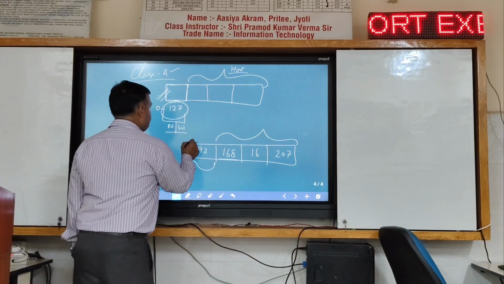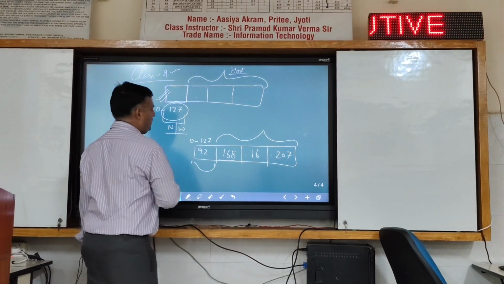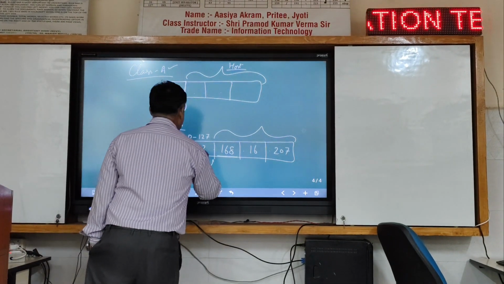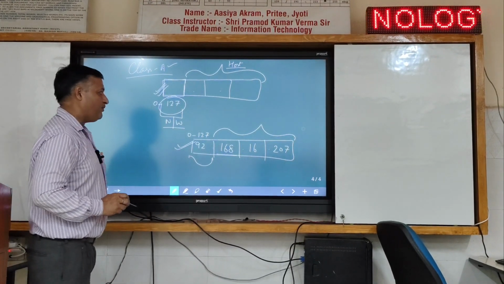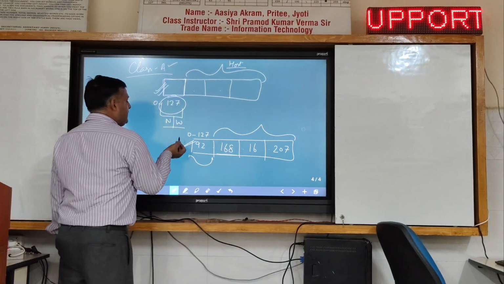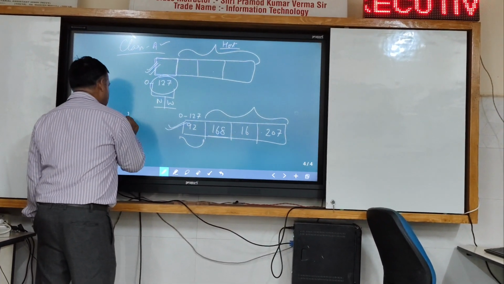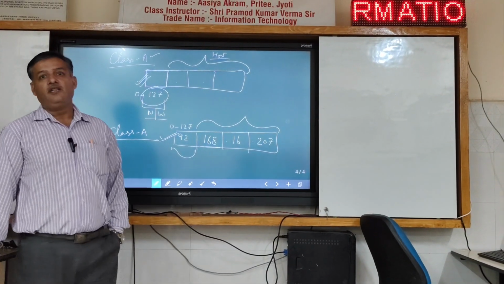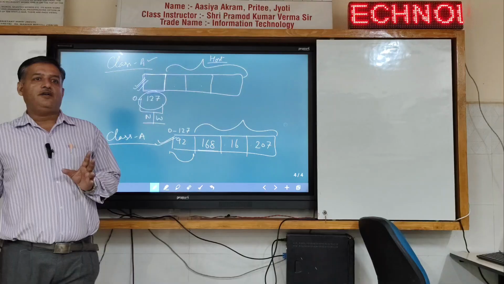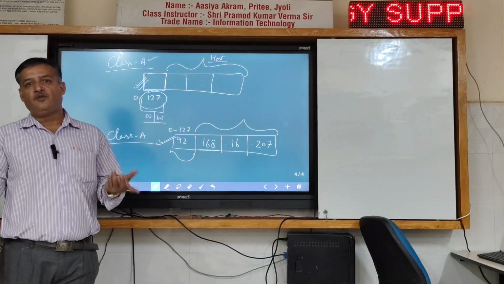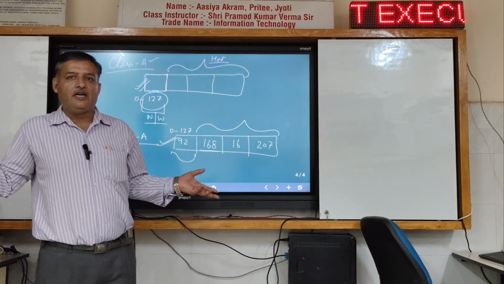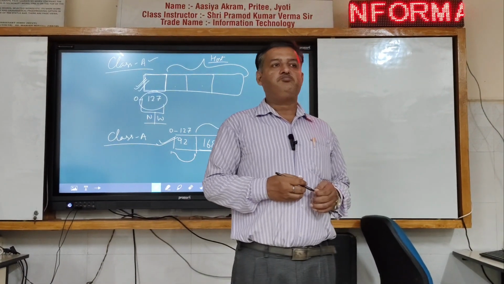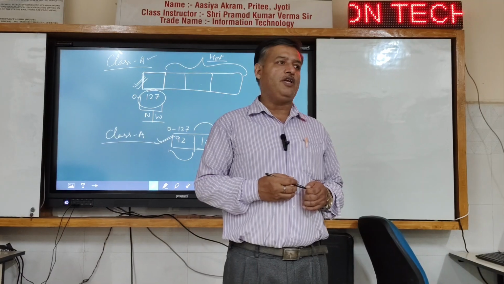Because the limit lies between 0 to 127, and 92 lies within this limit, if this address is encountered somewhere, you have to say that it is a class A addressing system, and in the class A system, the first octet is reserved for the computer network and the rest of the octets are reserved for the hosts. It was the earlier concept, nearly 30 to 40 years ago.